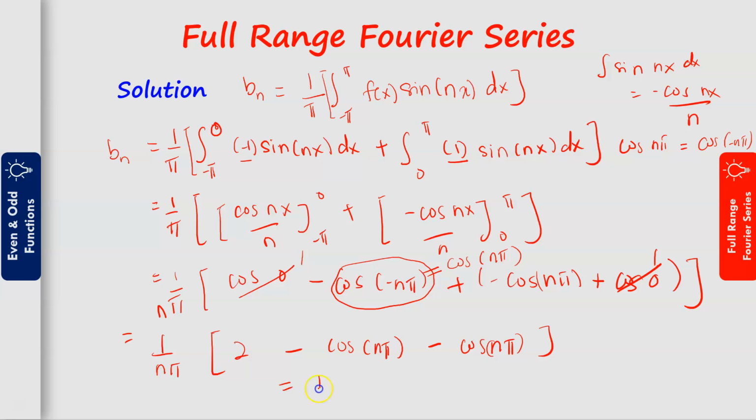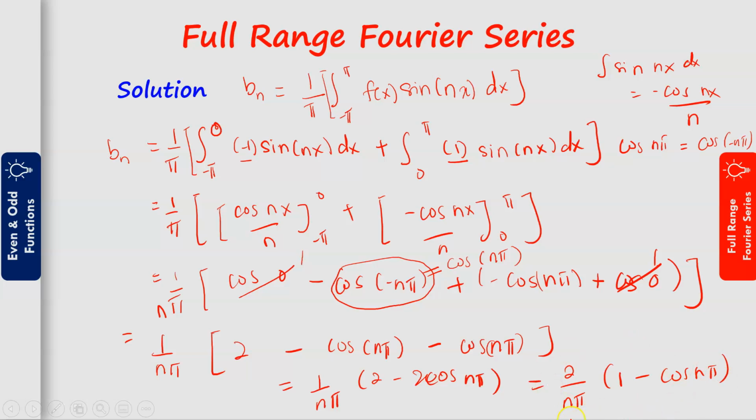In this case, I can simplify. I will have 1 over n pi, 2 minus 2 cos n pi. So class, I can write this as 2 over n pi, 1 minus cos n pi.